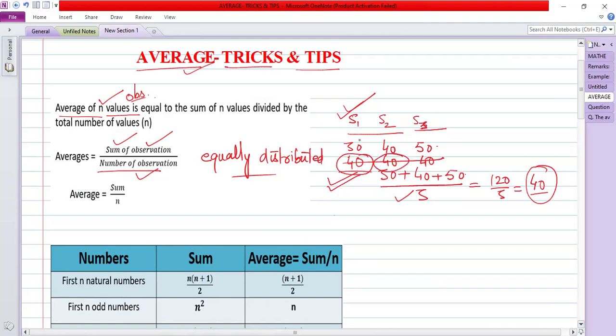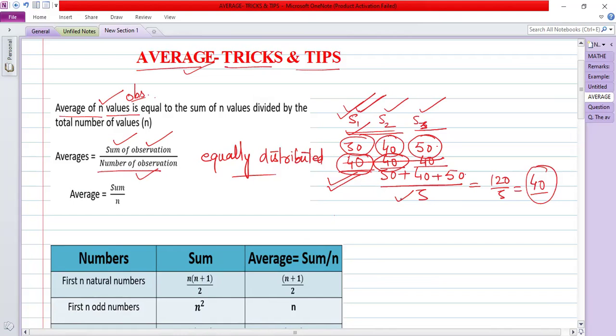But it doesn't mean that all the students have exactly 40 marks. Obviously, their individual marks are different. For the first student, the marks are 30, for the second student it is 40, and for the third student it is 50. But we can assume that all the students have been equally distributed 40 marks.